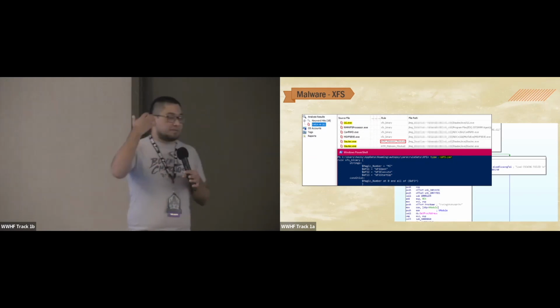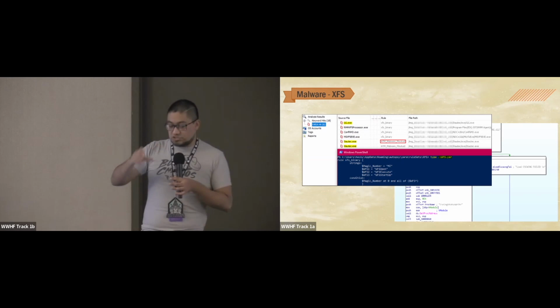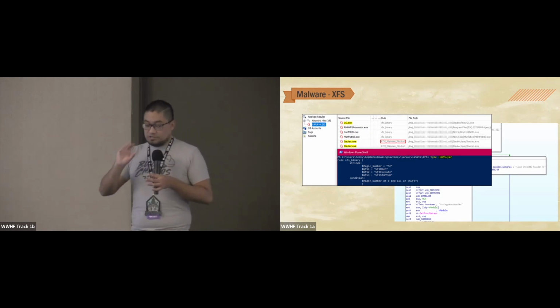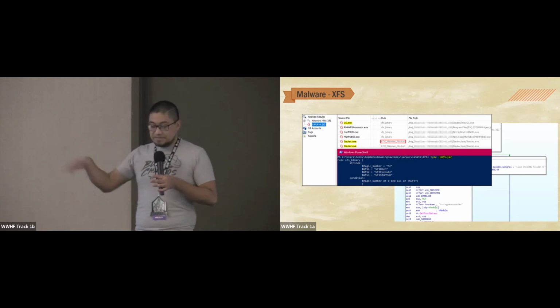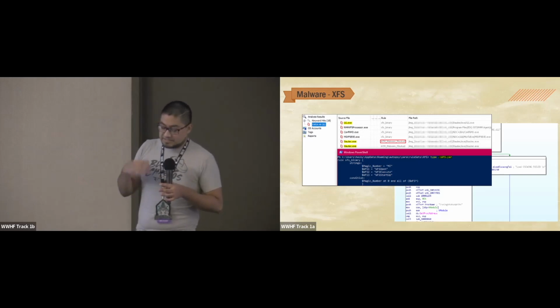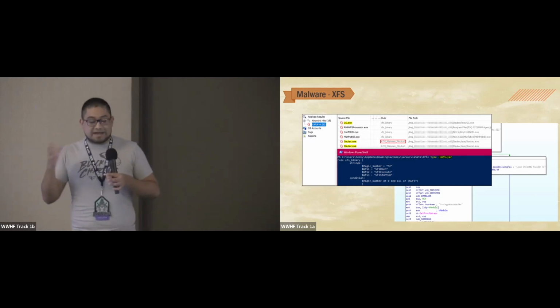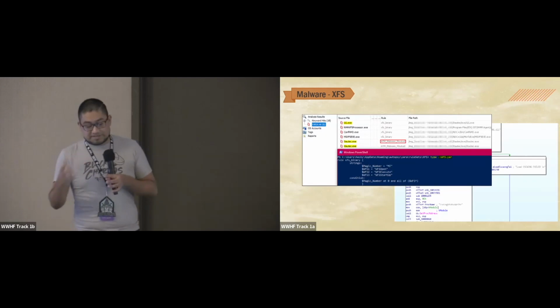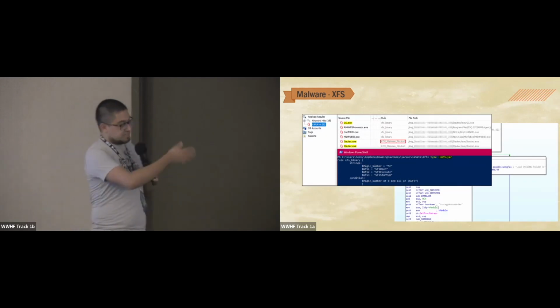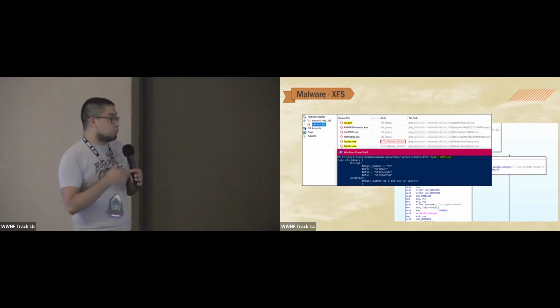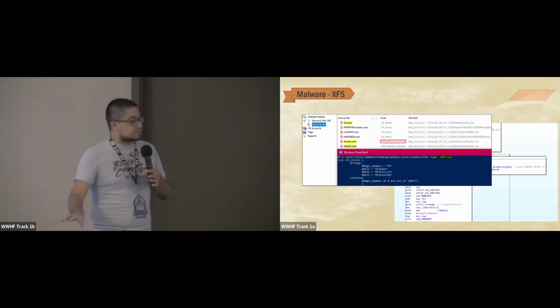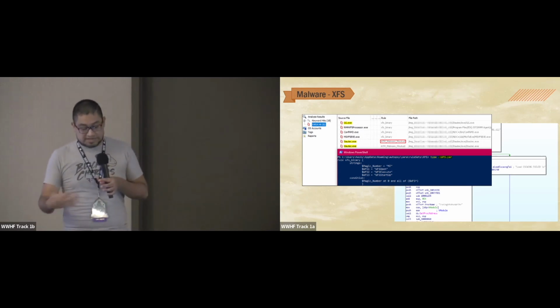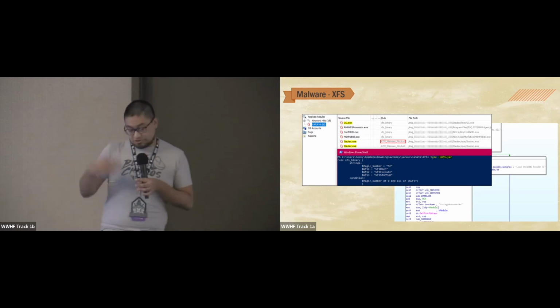So the malware, instead of using XFS, will only use this DLL, and that's one way to hide some of the tasks you are doing, because if you run that YARA rule that I wrote, you won't find it in this malware because it is not using XFS, it is just reusing this DLL.